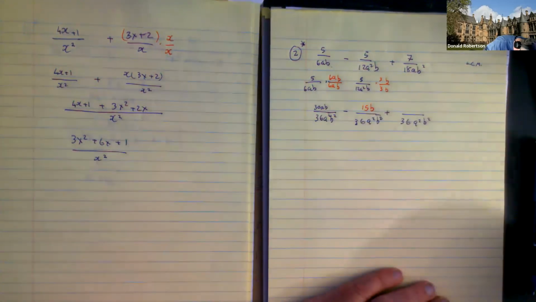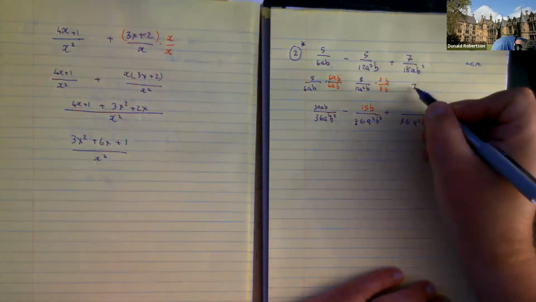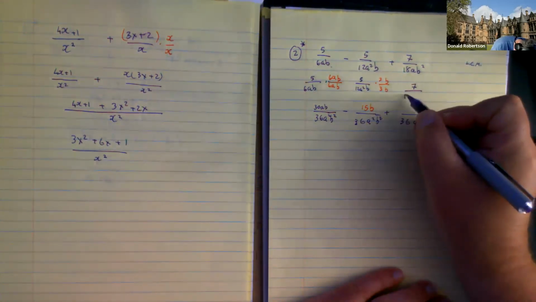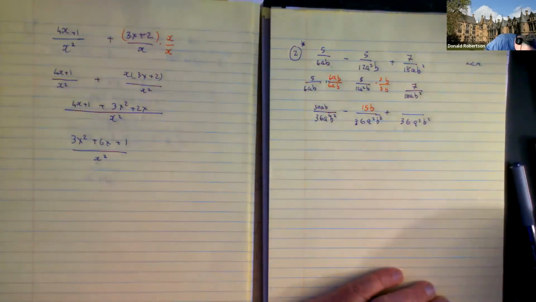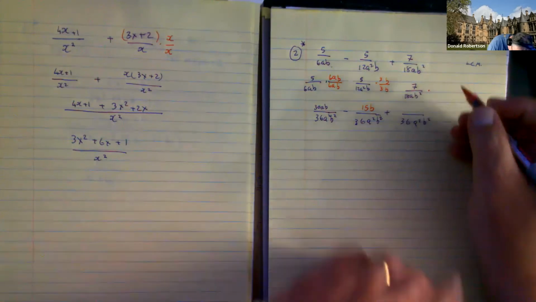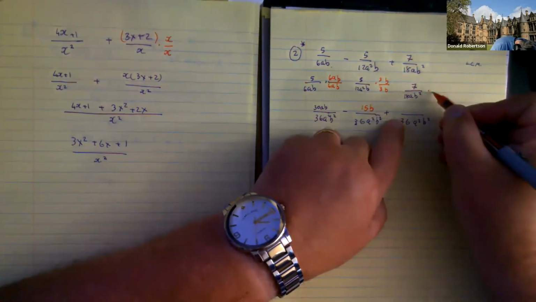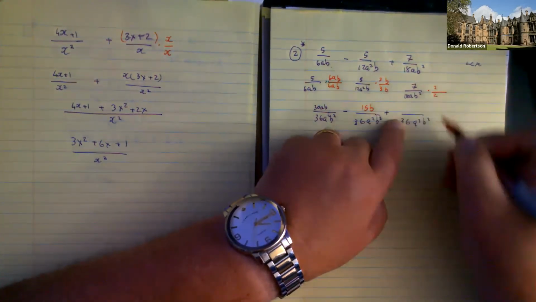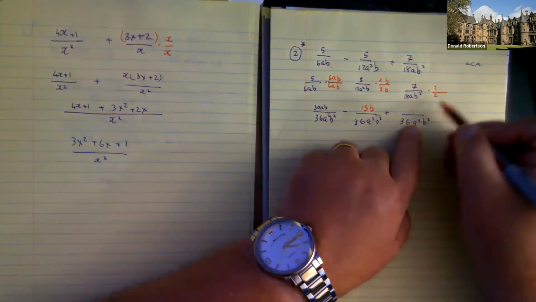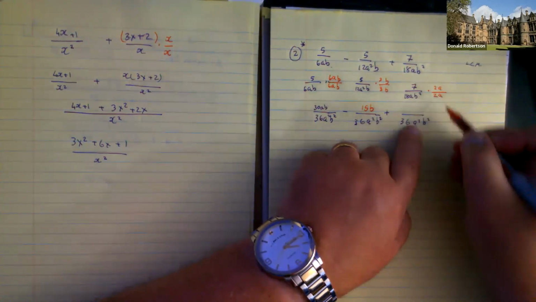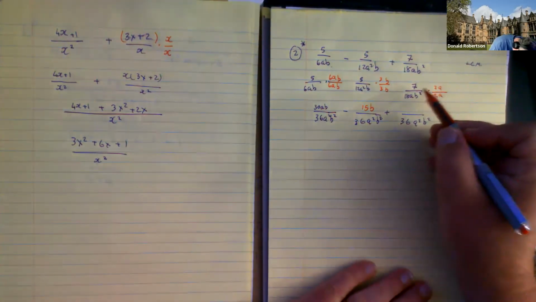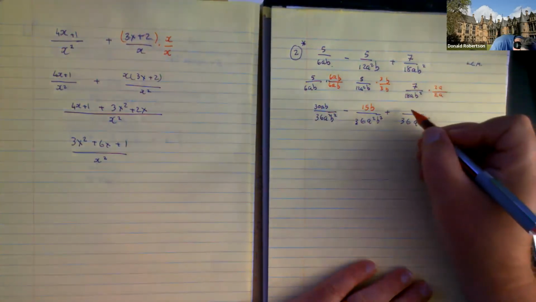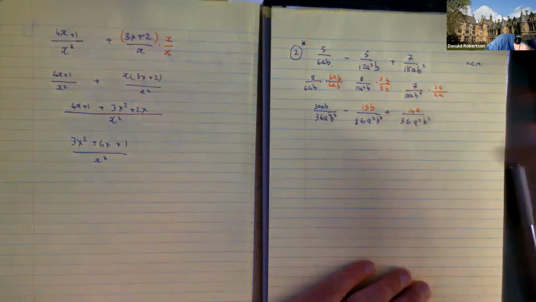Now the last one, which is 7 over 18ab squared. 18 needs to turn into 36, so 2 is going to do that. A needs to turn into a squared, so a is going to do that. It's already got b squared, so I don't need to worry about it. If you multiply these together, you get 14a.